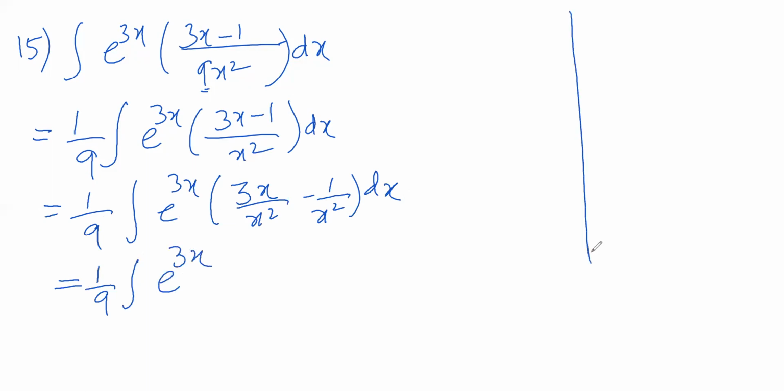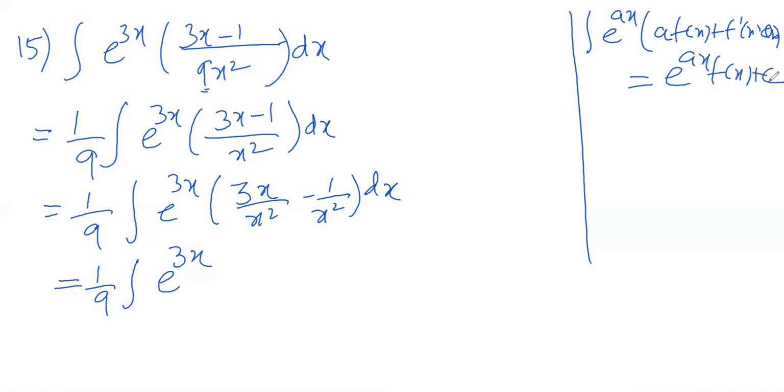So e power 3x means it is of the form integral e power ax into a f of x plus f dash of x into dx, and the formula is e power ax into f of x plus c. Here a is equal to 3. E power 3x into 3x by x squared, where x and x get cancelled, so 3 by x.